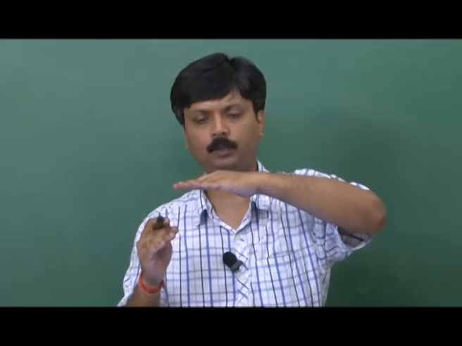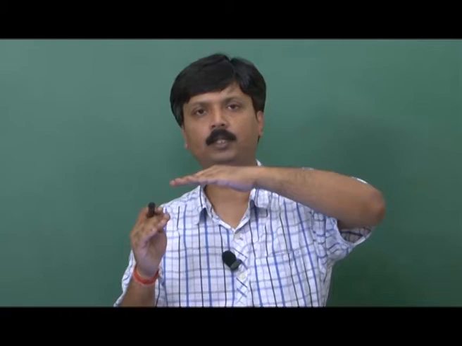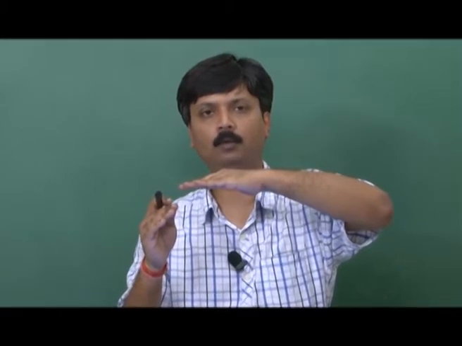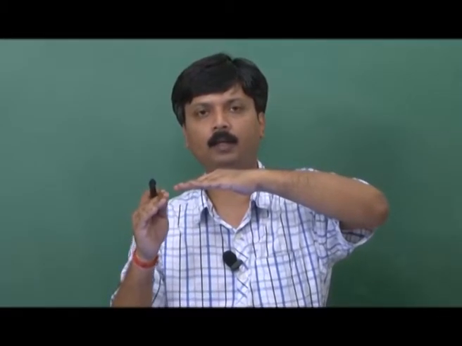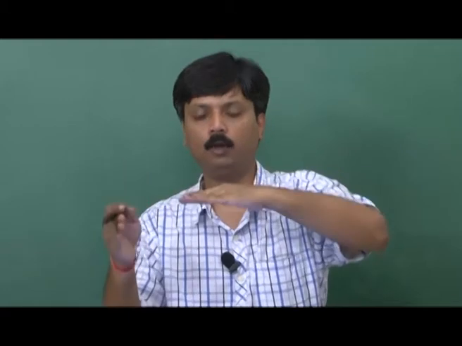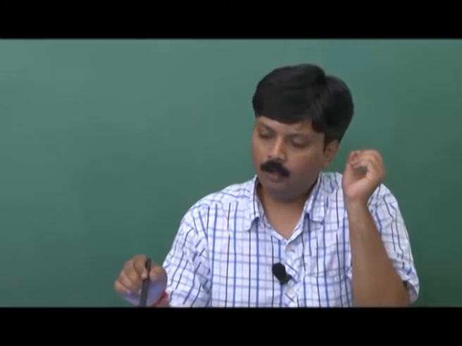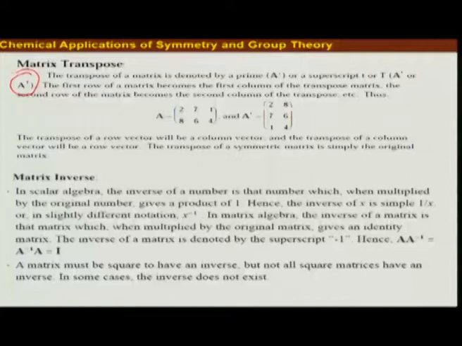When I transpose this matrix, it will become a matrix having 2 rows and 3 columns. Here is one example where A is a matrix having 2 rows and 3 columns, and when I transpose it, it becomes 3 rows and 2 columns.